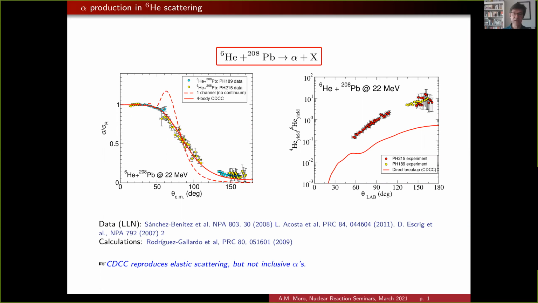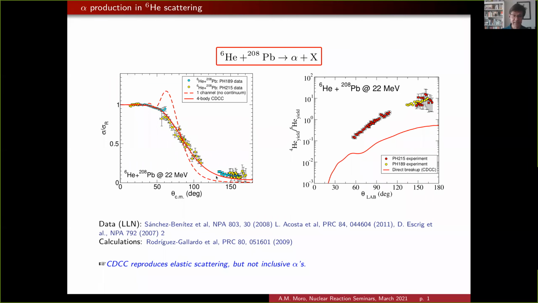This is the comparison of elastic data of helium-6 from two experiments, compared with the so-called four-body CDCC calculations that, as probably many of you know, describe this reaction as a four-body problem, consisting of a three-body description of helium-6 plus the target.